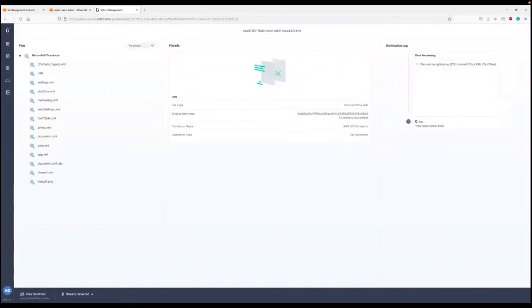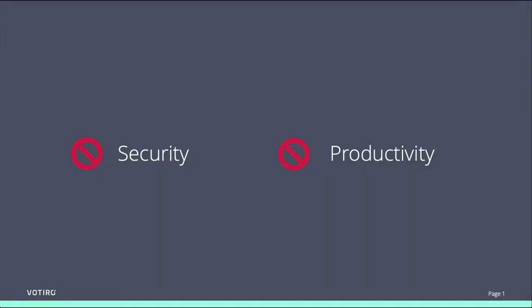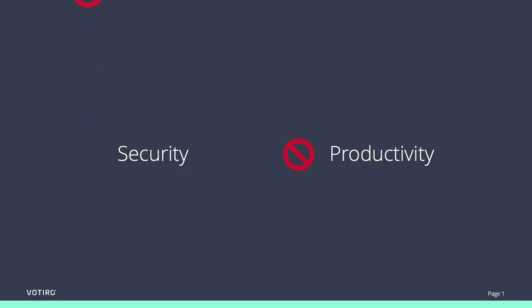Our open API allows us to work in tandem with your existing security infrastructure to create a comprehensive solution for your business. Our customers have told us that our solution has eliminated an FTE's worth of work unblocking files. We've caught and prevented advanced attacks coming from the hijacked inboxes of trusted vendors.